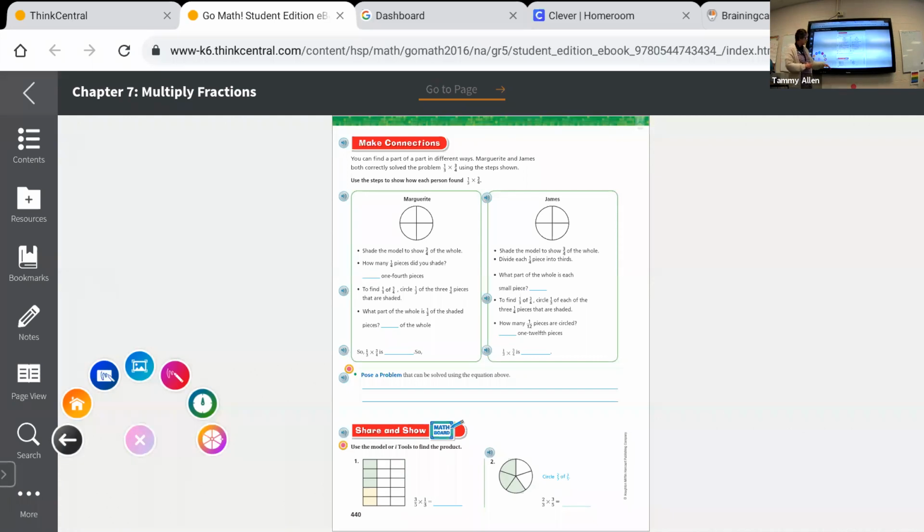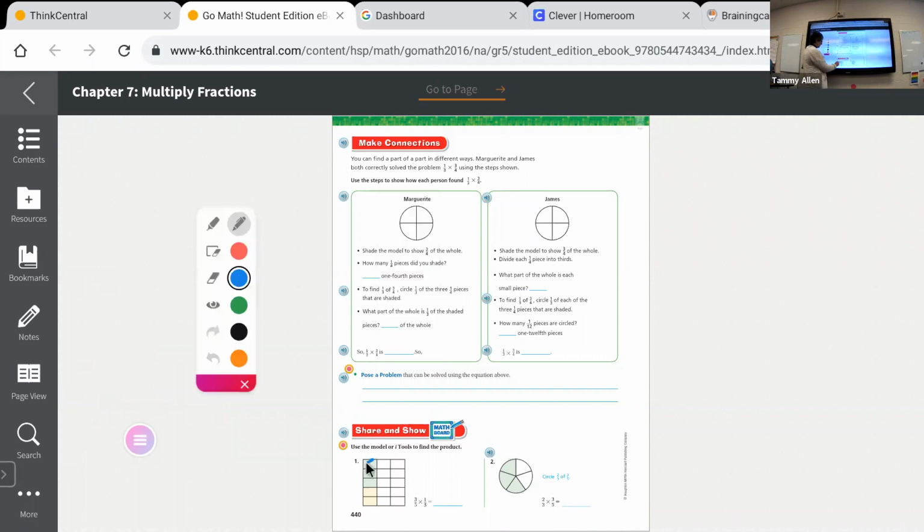Let's go down here and take a look at number 1. 3/5 times 1/3. Do I need the 1/3 or do I need the 3/5 first? The 1/3. So when I look this way, I can see thirds. So I'm going to shade in my 1/3. And then I want this going the other way.